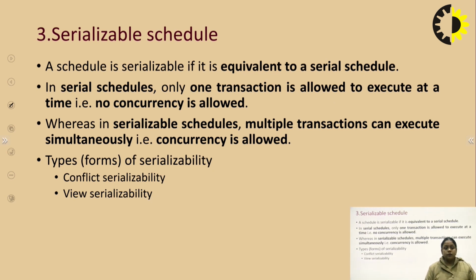But we have to check the serializability of a non-serial schedule, meaning it should be equivalent to a serial schedule. To check serializability, we have two types: conflict serializability and view serializability.